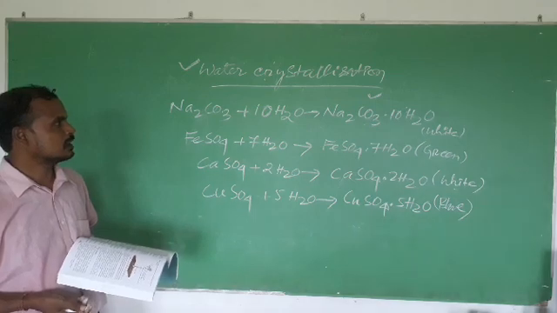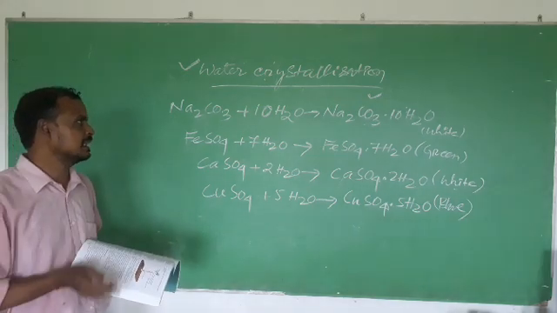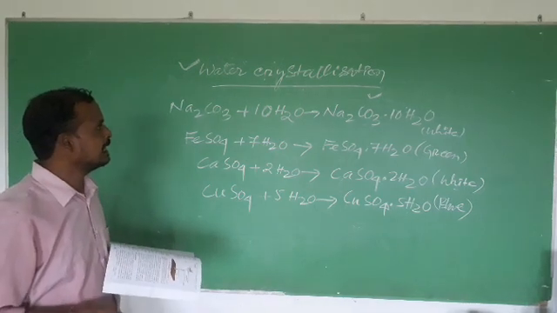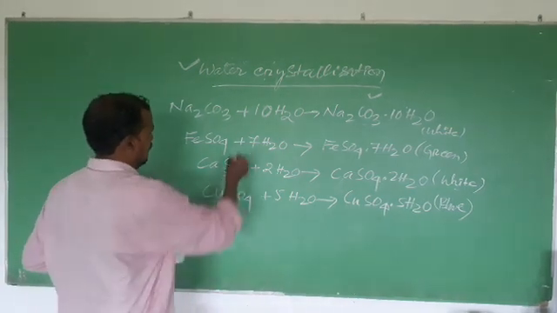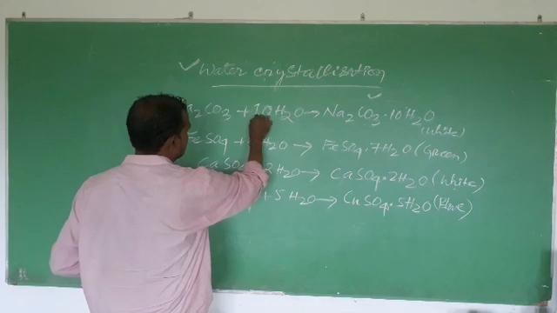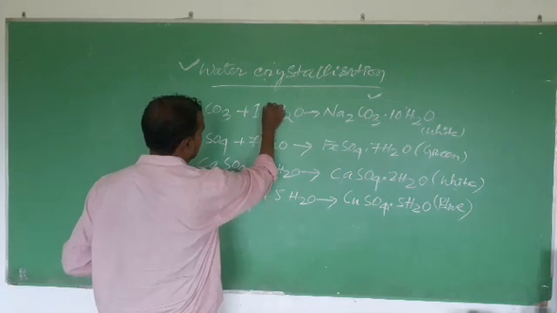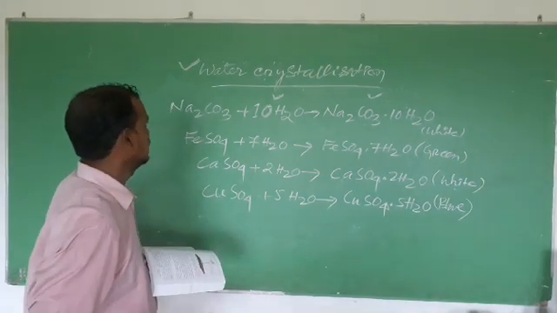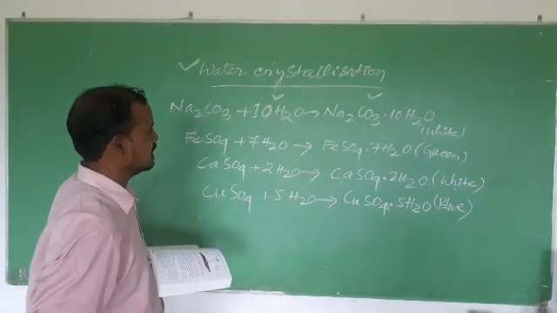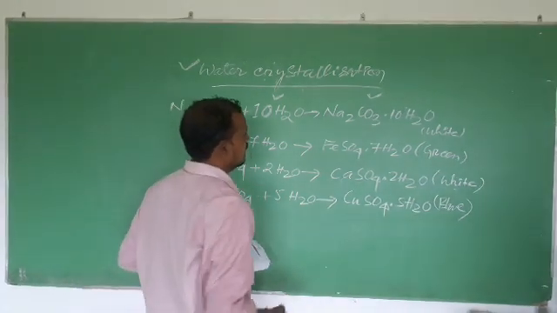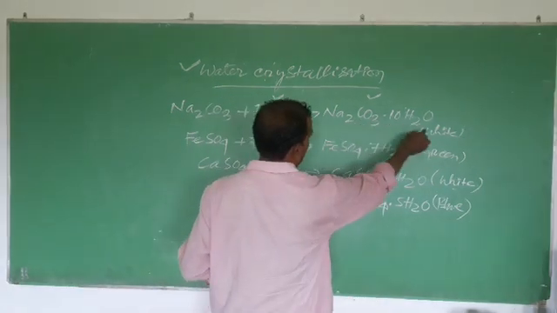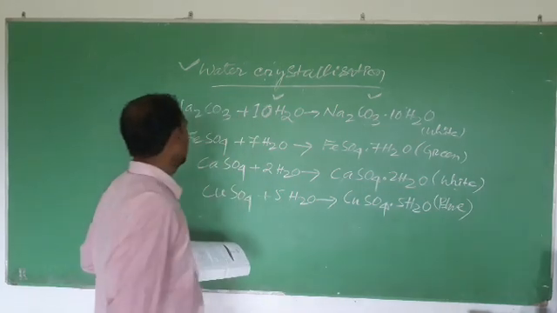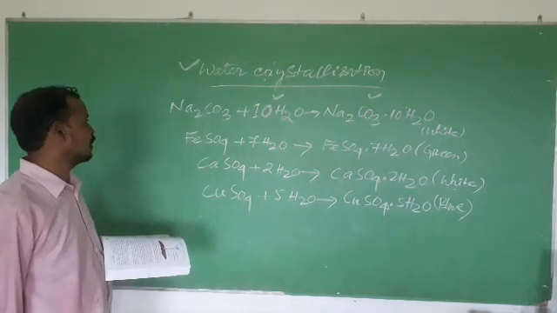Okay, because it is already present there in the form of water, and the water in the crystalline form imparts color to the salt. So due to the presence of crystalline water, sodium carbonate generally looks white, so it imparts white color to the salt.